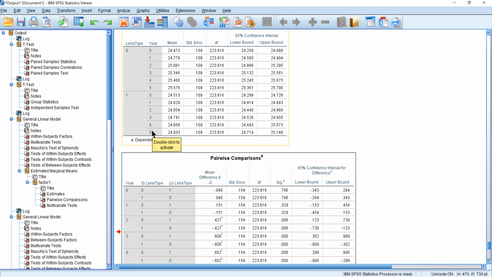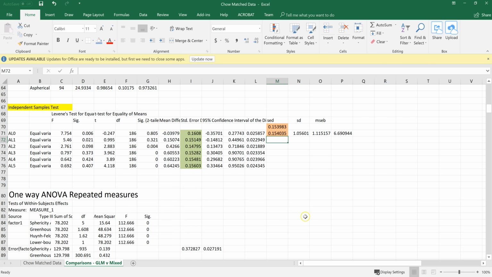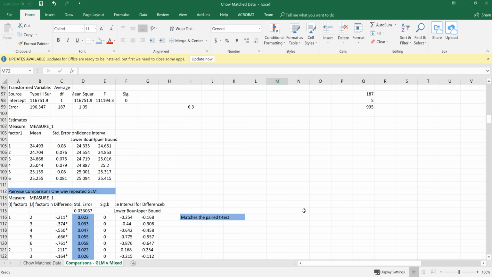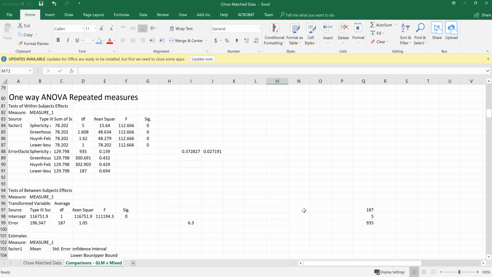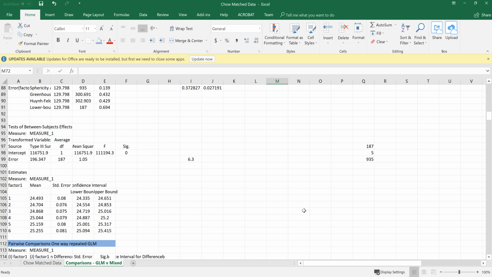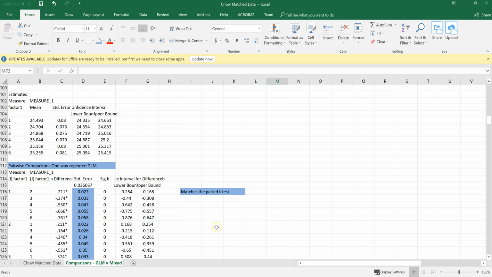But again, where do we find these differences? So let's come to our Excel sheet. And here's our one-way repeated measures. And what is our target?